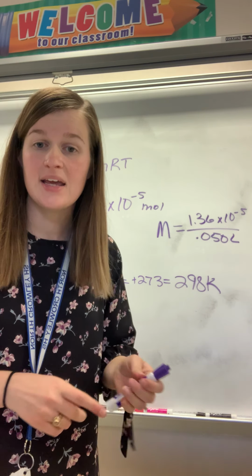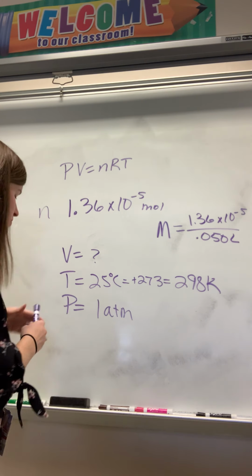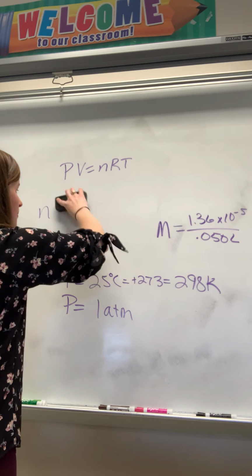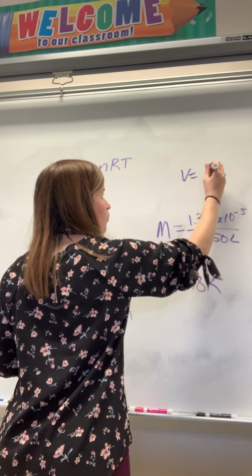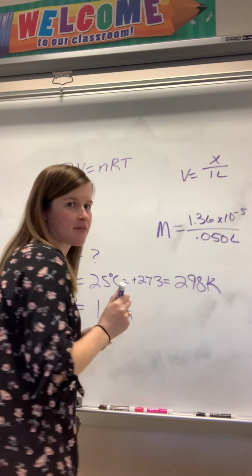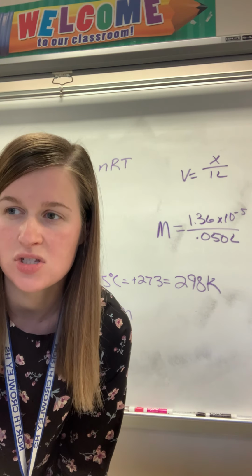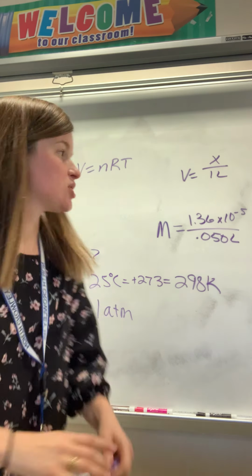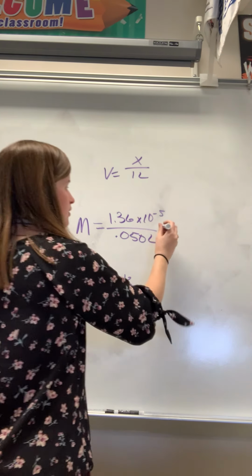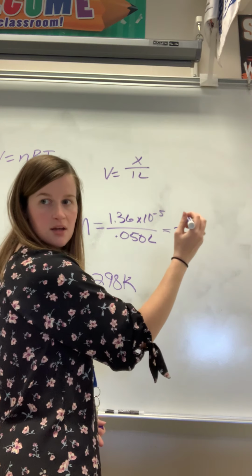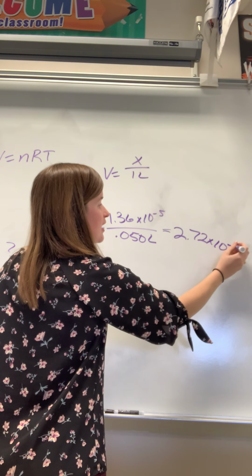And so when we plug in, instead of using this mole amount for PV equals nRT, we're going to use whatever this concentration is, because our volume is going to be 1 liter. So we want X up above. Hopefully this is making sense. When you plug into PV equals nRT to solve, this molar concentration is equal to 2.72 times 10 to the -4th, and that's moles per liter.